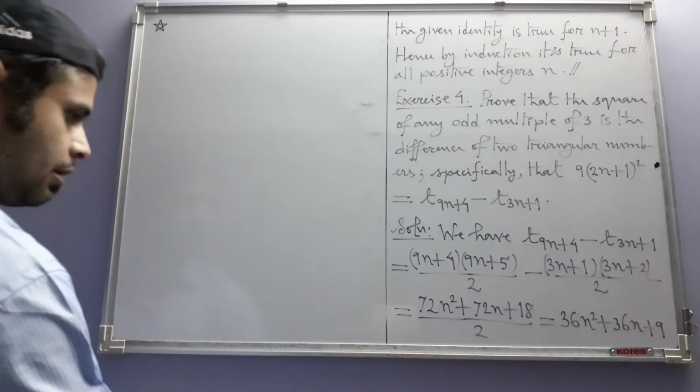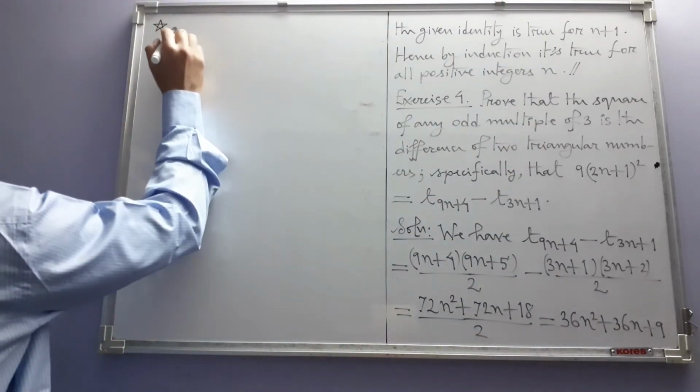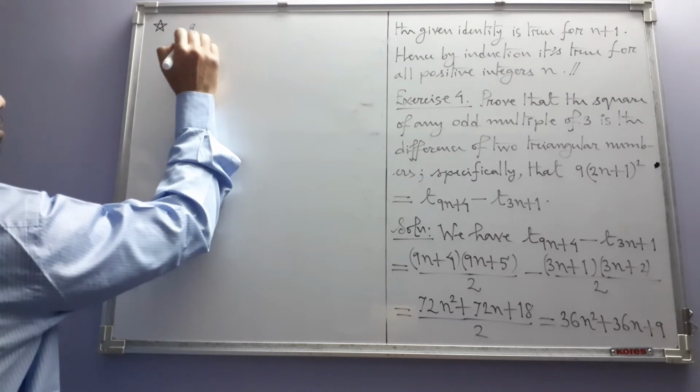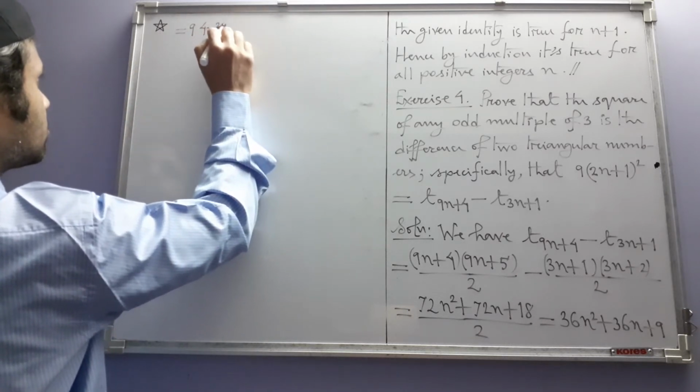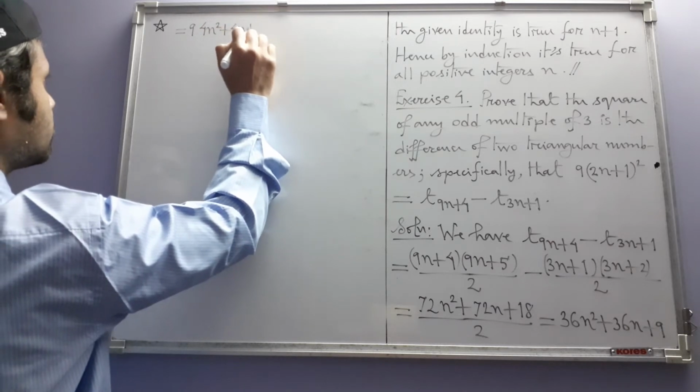And if we take 9 common out, then we have 4n square plus 4n plus 1.